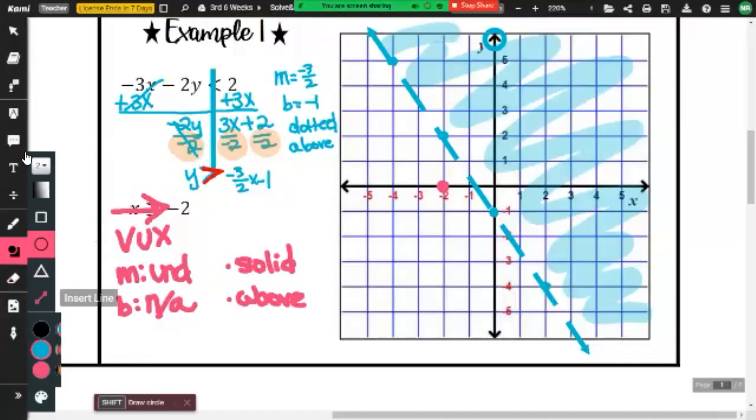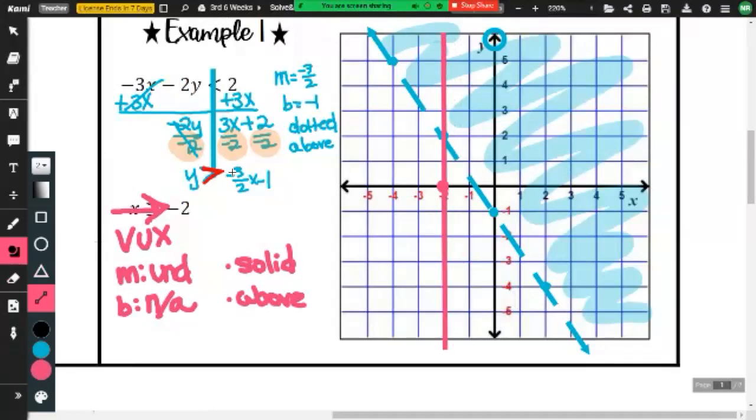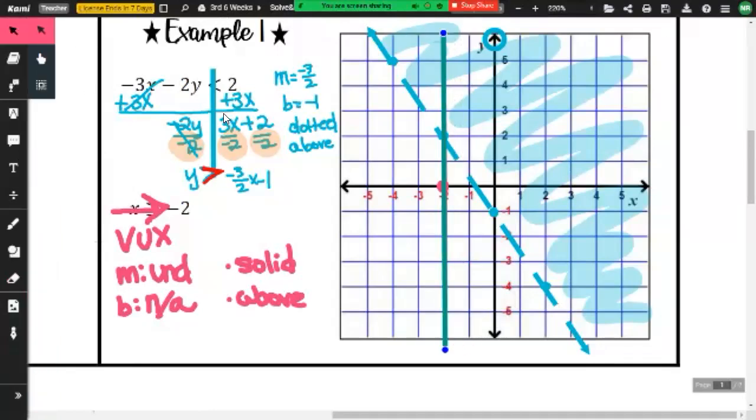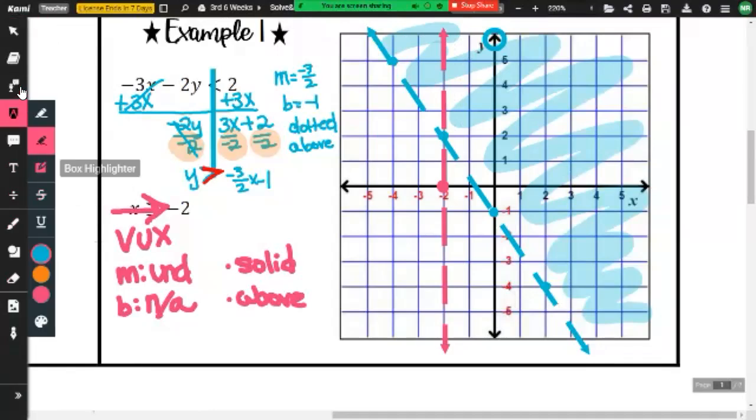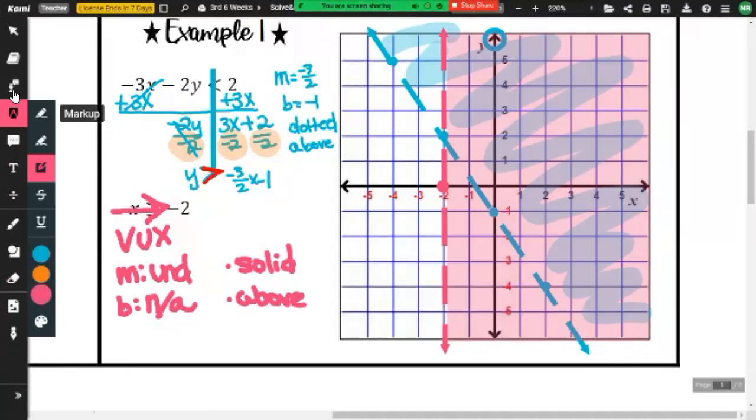It is a solid line, so I'm going to go ahead and graph that. And then we're going to shade everything above. And notice where the shading just starts to overlap.